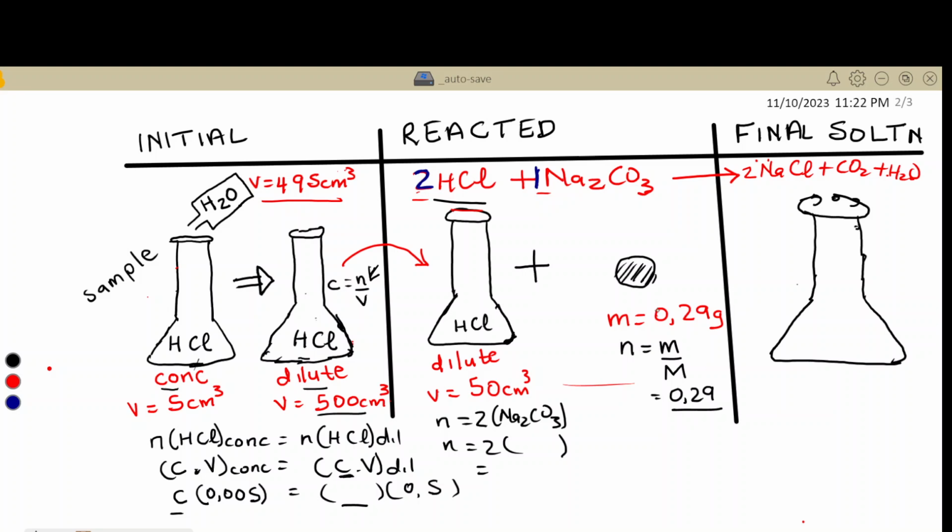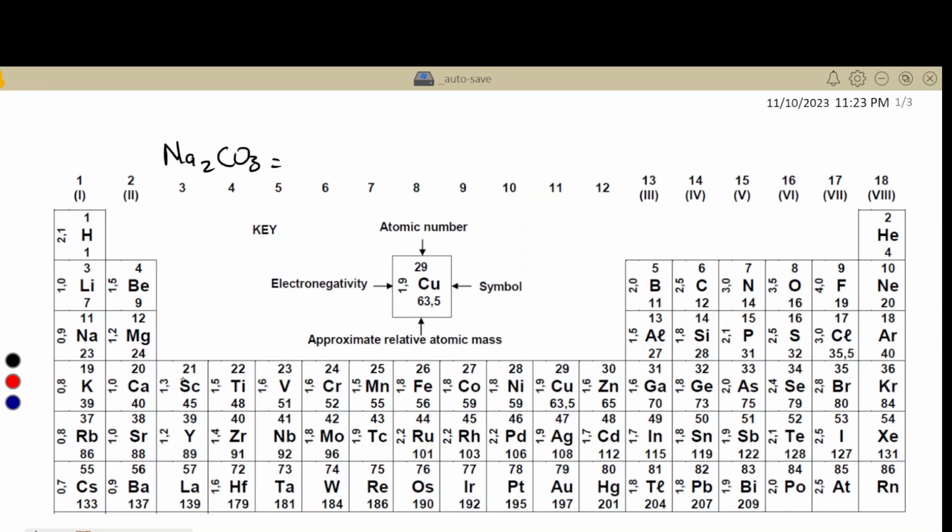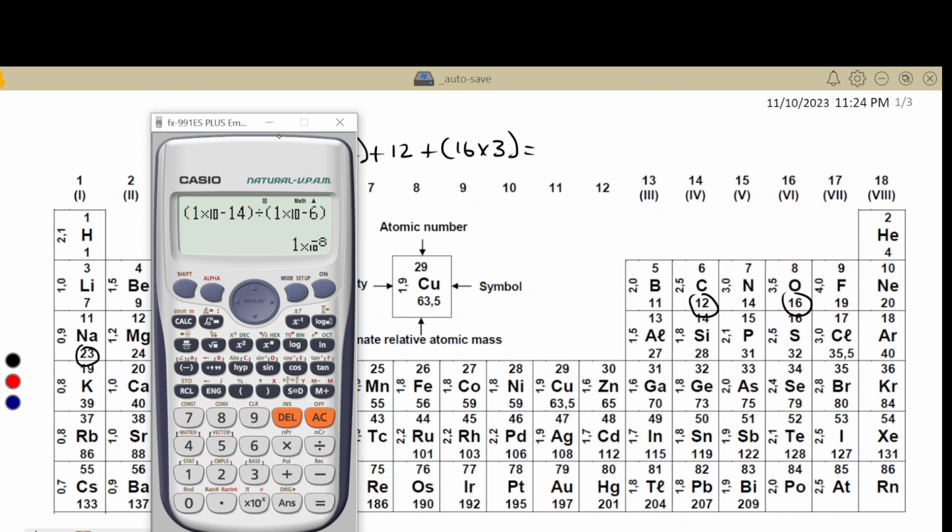The molar mass, we need to check the periodic table. You can see now the sodium is 23. So we have 23 times 2, plus the carbon is 12, plus the oxygen is 16, and there are 3. So we need to find this molar mass.